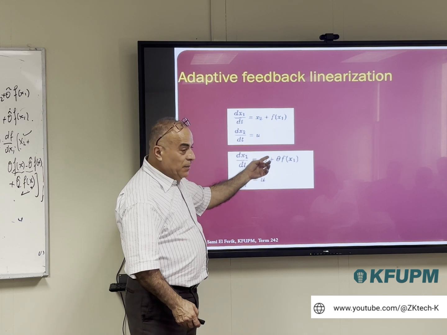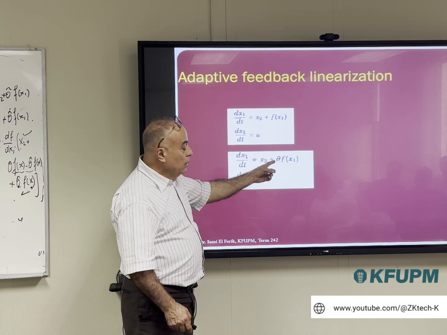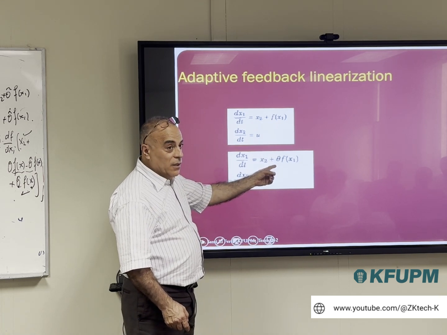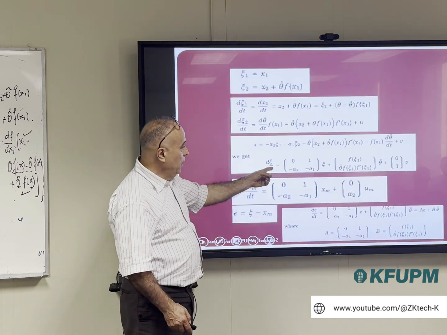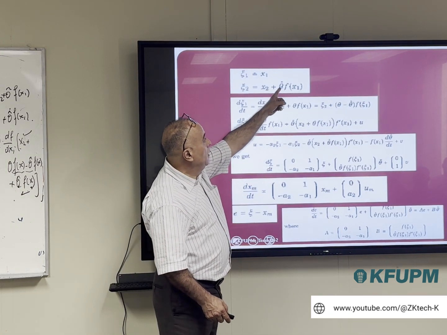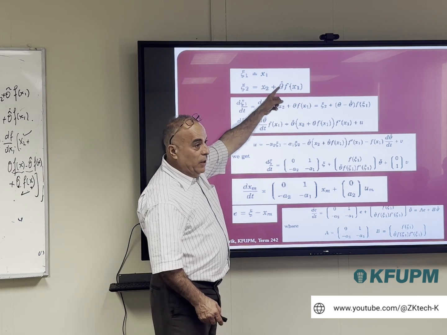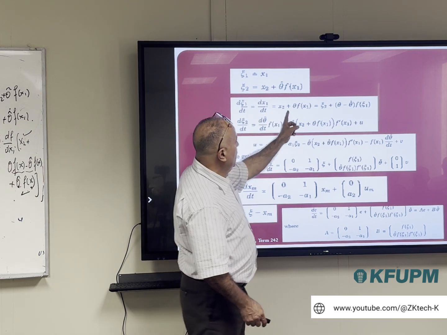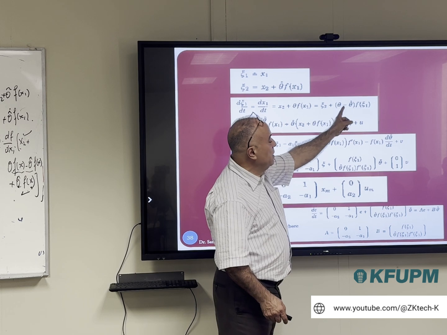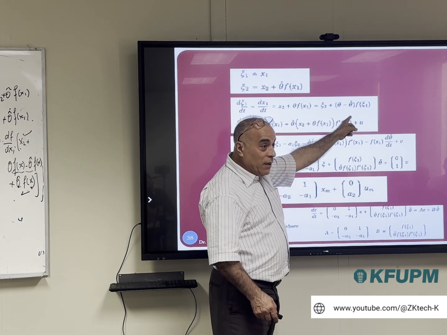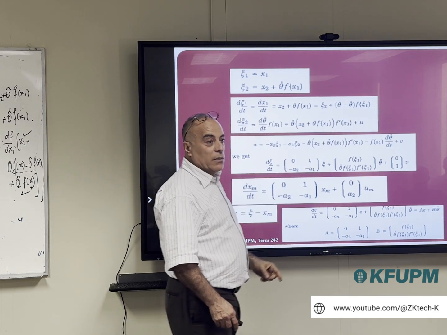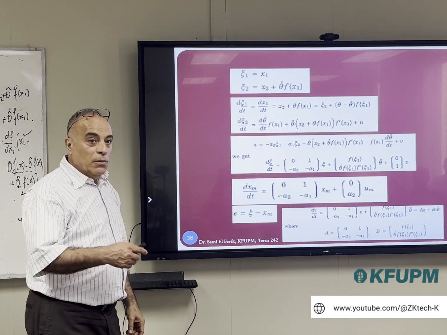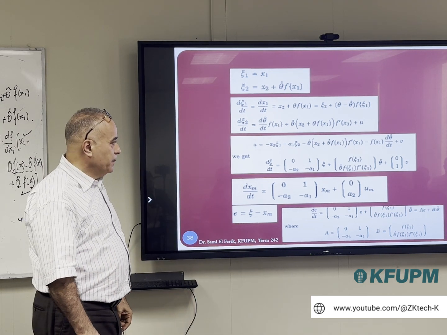If there is any parameter that is unknown, the controller cannot be a function of this unknown. It has to be a function of its estimate. And when we put an estimate, then there will be a term that will appear, which is the difference between the real value and the estimate that you are using in the controller. And this error will affect your control system.